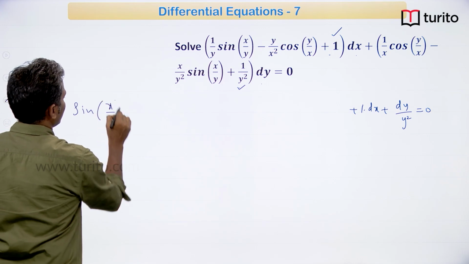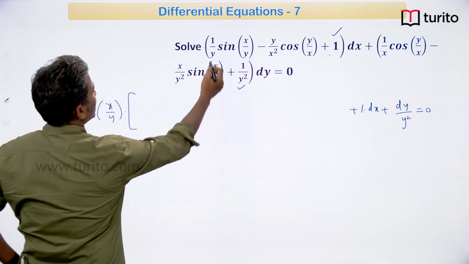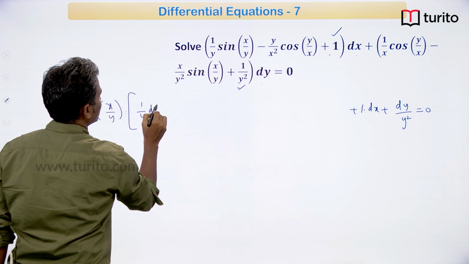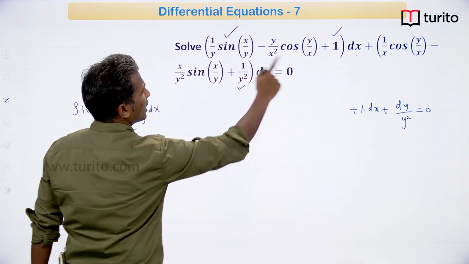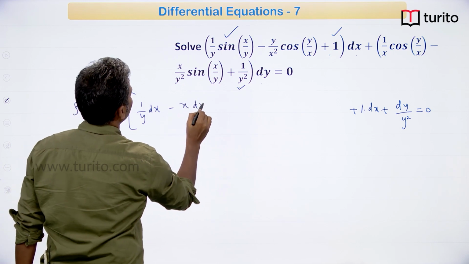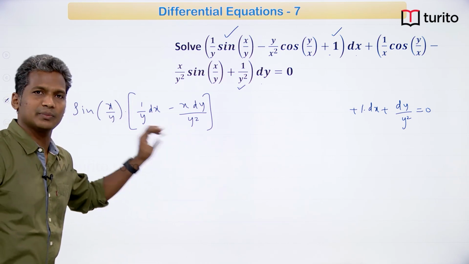what are the terms that are coming with sine x by y? Here we have 1 by y into dx, so we handled this term, and there is sin x by y here, so we have x into dy by y square. So this is sin x by y.